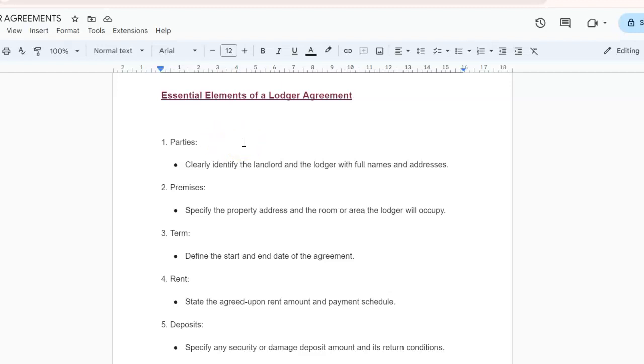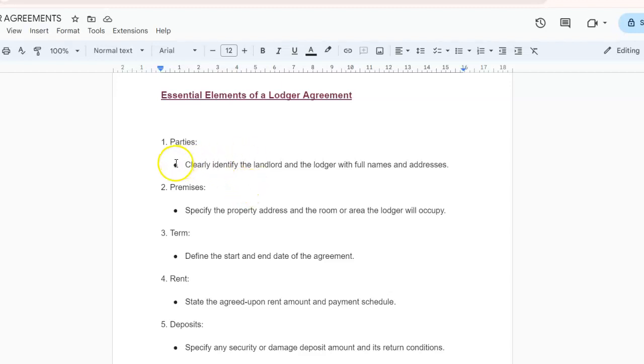This ensures clear identification of both parties involved and allows for easy communication. You also need to include phone numbers and email addresses for easy communication. And if the landlord is a company or a representative of an estate, that legal status should be clearly stated.